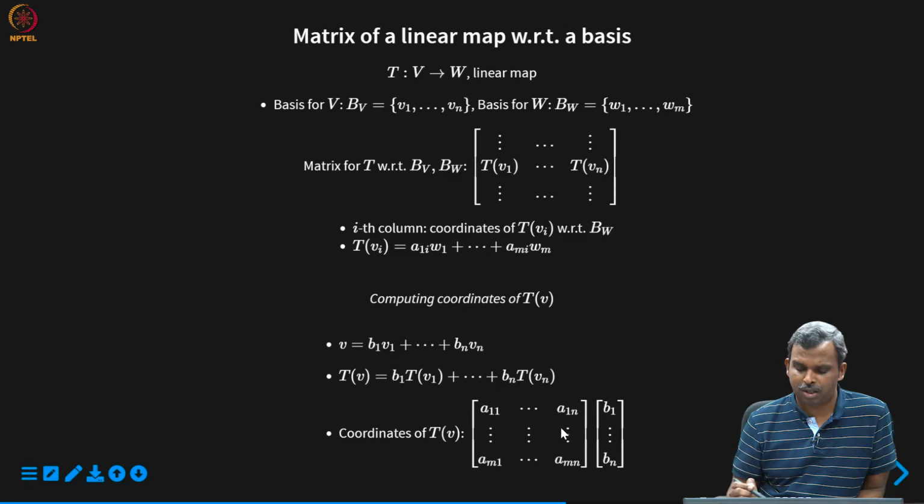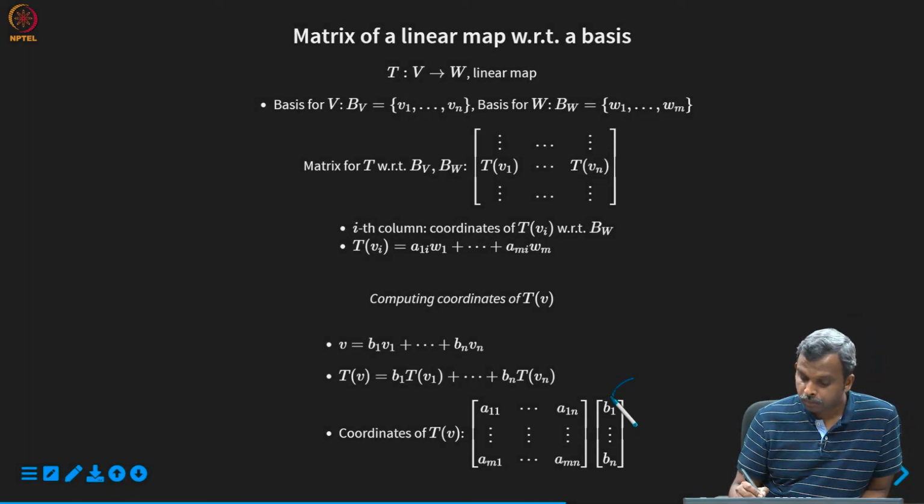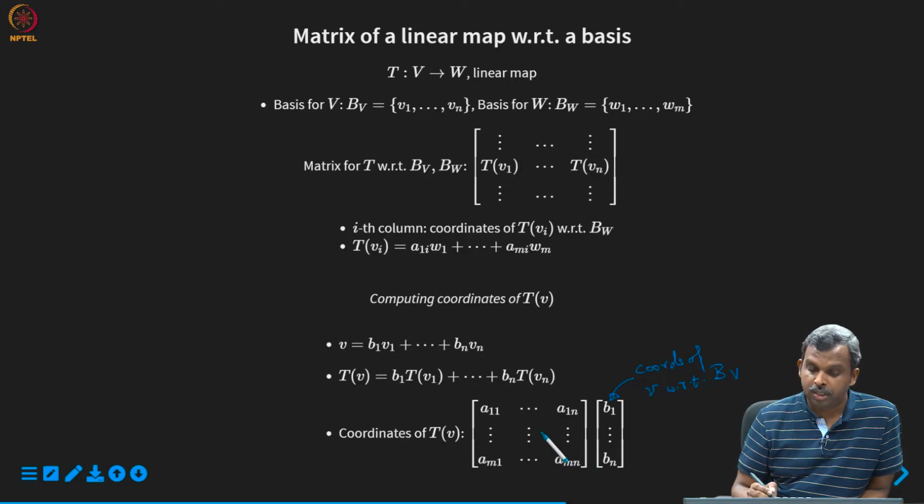Maybe I should write this in some detail. This is the coordinates of V with respect to BV. This is the matrix, right? This Aij is the matrix with respect to BV, BW.